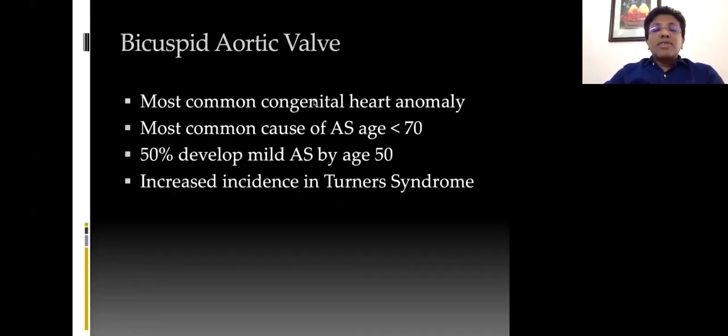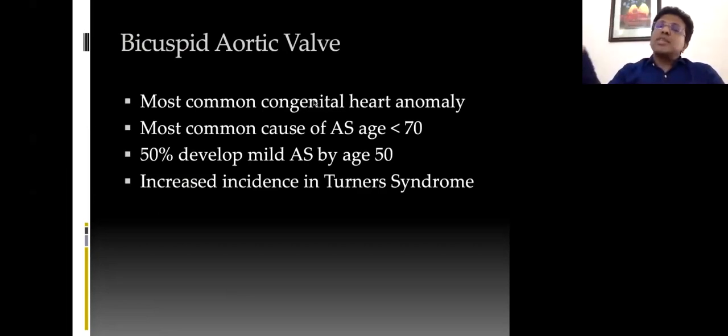So bicuspid aortic valve is the commonest form of congenital heart disease. It's 1 to 2% of the CHDs, and it's very common. Bicuspid aortic valve is common in 1 to 2% of the population, and we know some form of inheritance pattern is also there. The bicuspid aortic valve is also associated with progressive dilatation of the aorta because there is some fibrillin abnormality in the aortic wall.